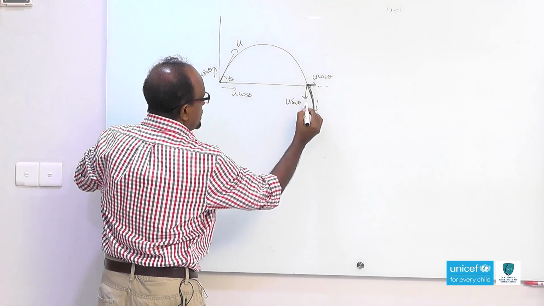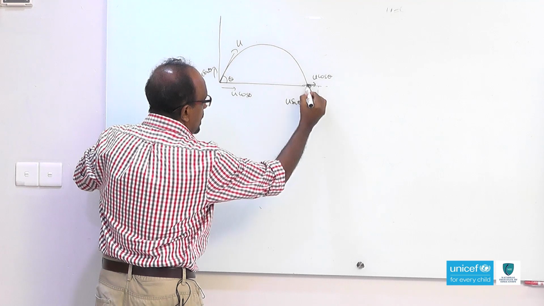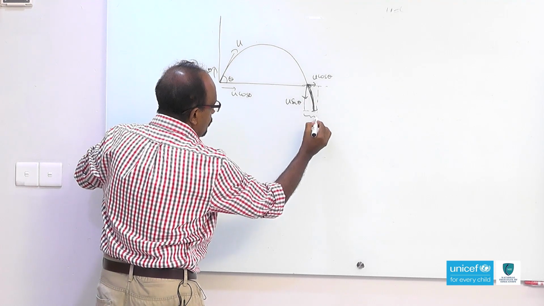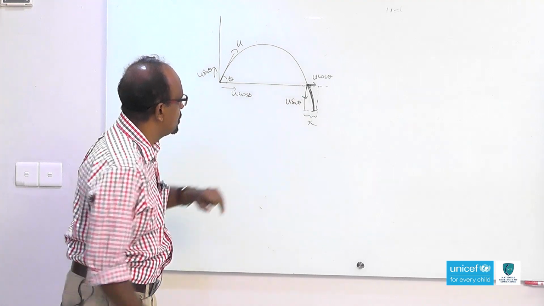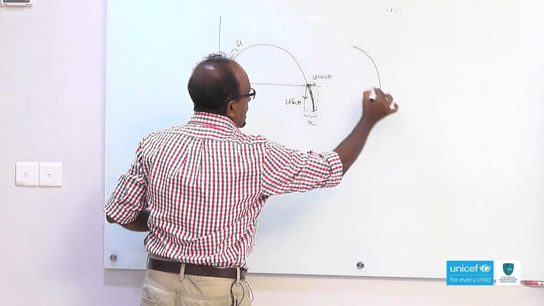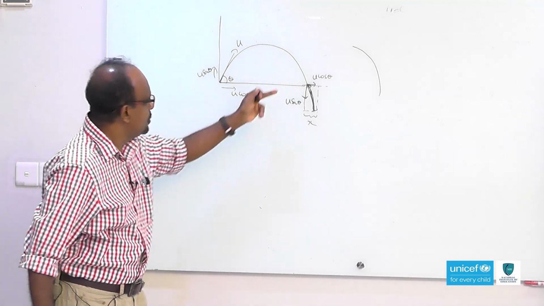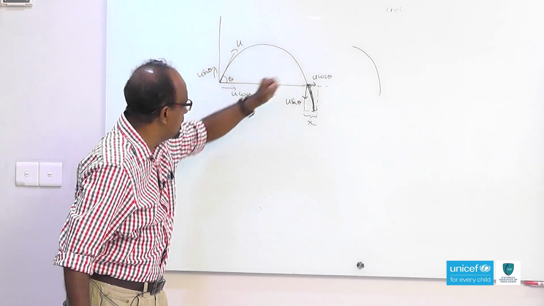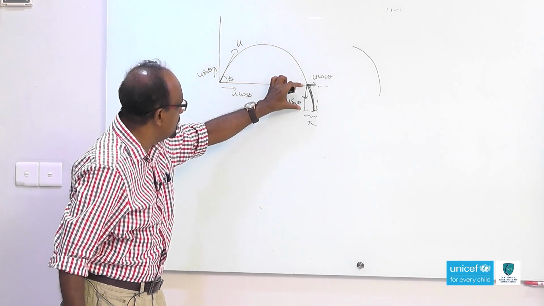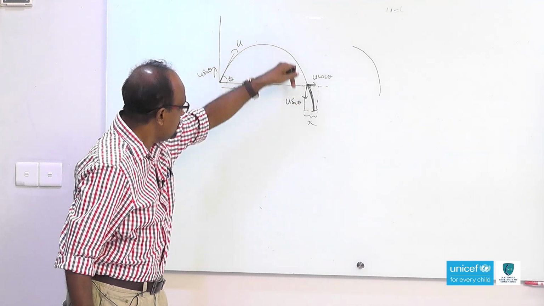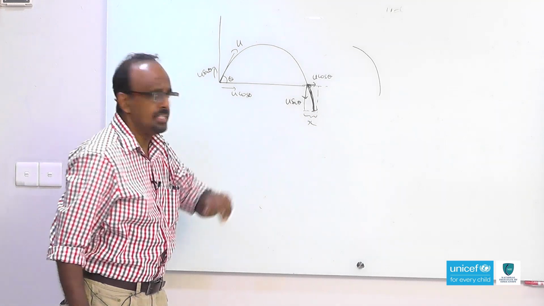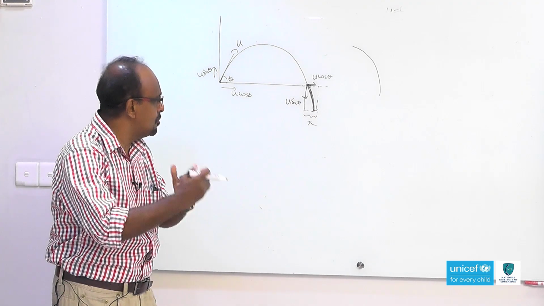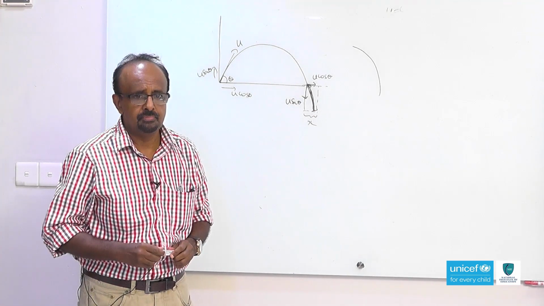You can use the equations of motion for this part separately and find this distance. This is very similar to the motion we have learned. You know the horizontal component, you know the vertical component. Suppose they have given the vertical height, you can find the time and then you can find the horizontal distance. Same equations of motion we can use.